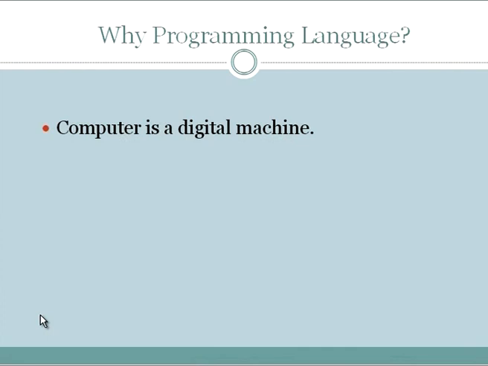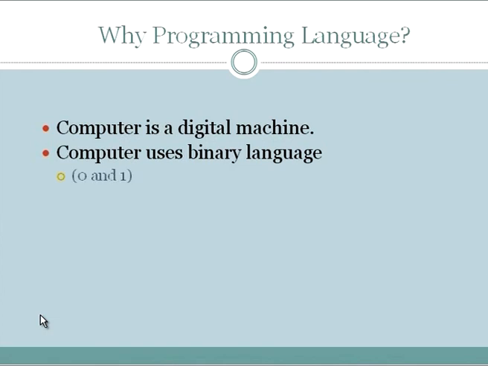Computer is a digital machine. Computer by itself uses binary language. For example, 01 is considered as binary language. Binary language is a language that is composed of only two digits, that is 0 and 1.